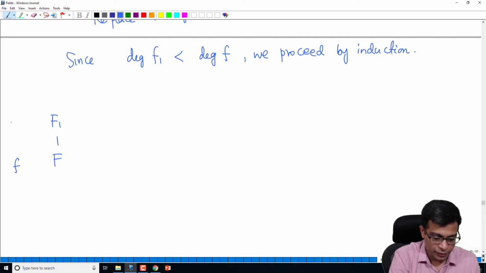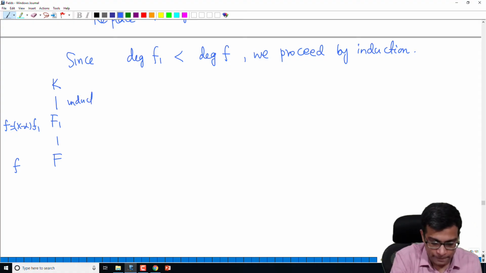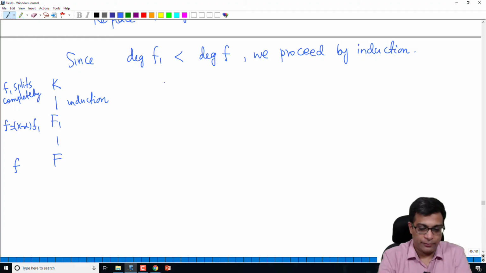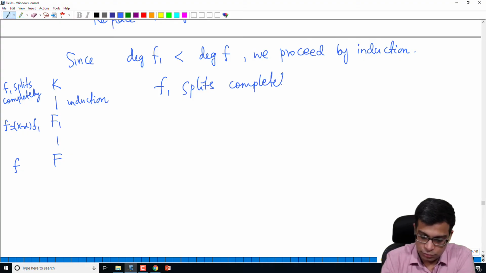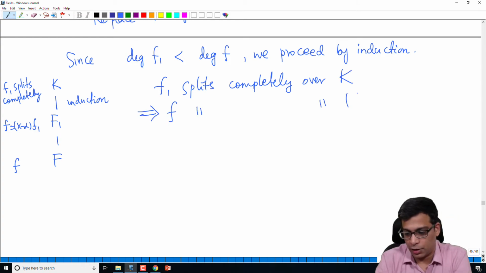Here you have f equals x minus alpha times f1, and this is the induction step: f1 splits completely over capital K. This means f splits completely over capital K, right?